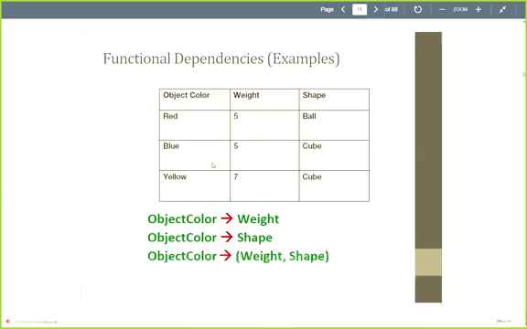In this case, we're only looking at the universe of this table only, not the universe of the real human being world. This slide will confuse a lot of people, but hopefully I have made my point clear now. And this relationship, color determining weight and shape, or weight and shape together, only happens in this table.